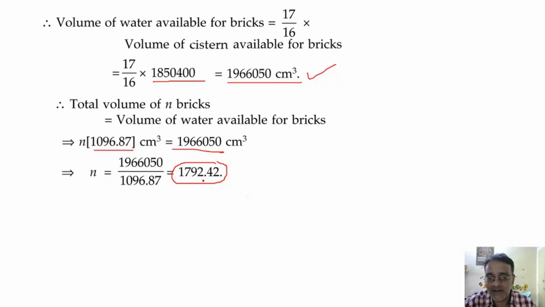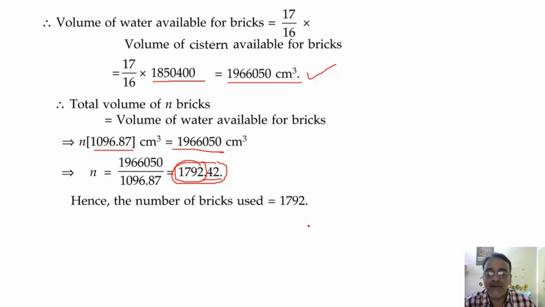Now we'll not round up including the decimal, because if we round up then the water will overflow. That is why we will take only the integral part, that is 1792. Hence the number of bricks used is 1792. Okay, any doubt here?